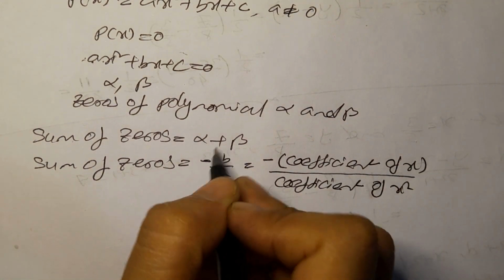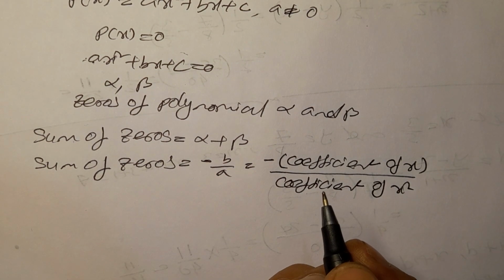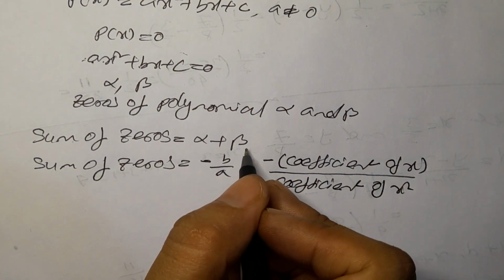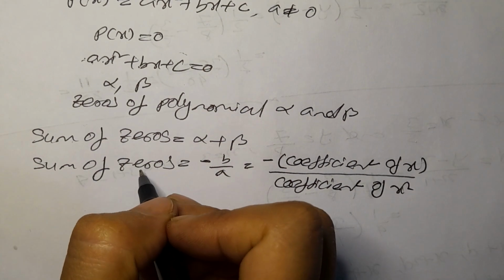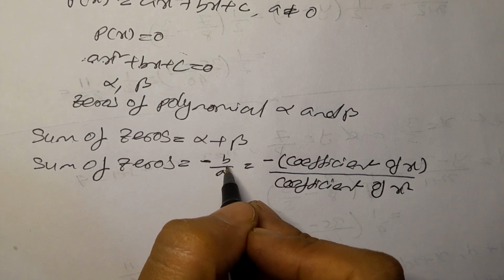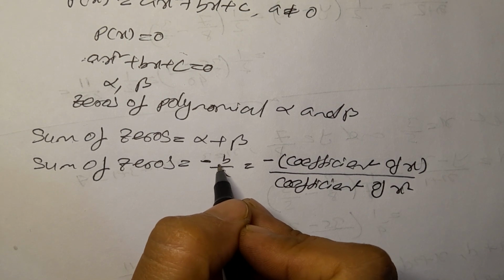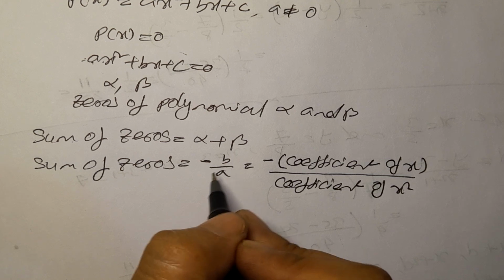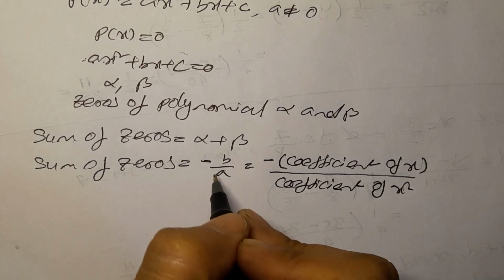These two results will always be equal. That is the relation. The sum of zeros, if we add alpha and beta, and the sum of zeros found directly from the quadratic equation, is minus the coefficient of x divided by the coefficient of x².